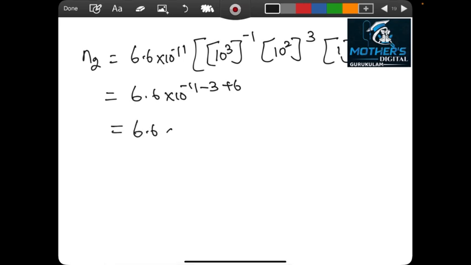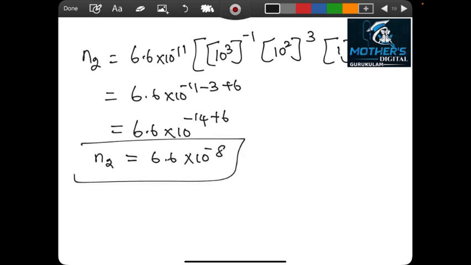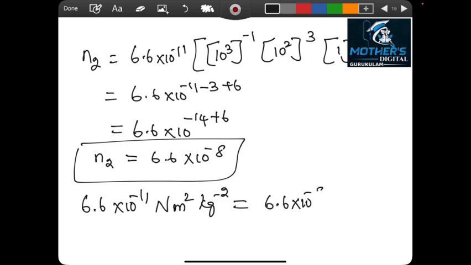So 6.6 into 10 power minus 14 plus 6, which is equal to 6.6 into 10 power minus 8. This is my N2. Now 6.6 into 10 power minus 11 Newton meter square kg power minus 2 can be written as 6.6 into 10 power minus 8 dyne centimeter square gram power minus 2.